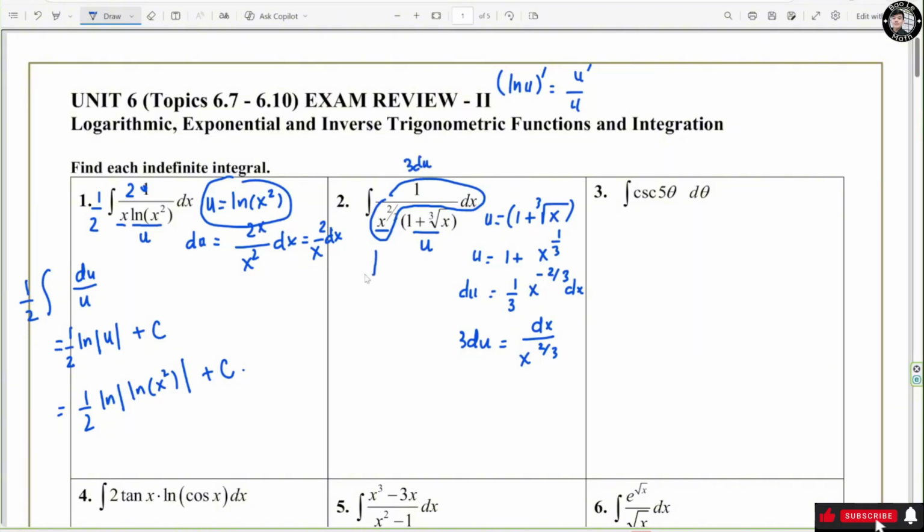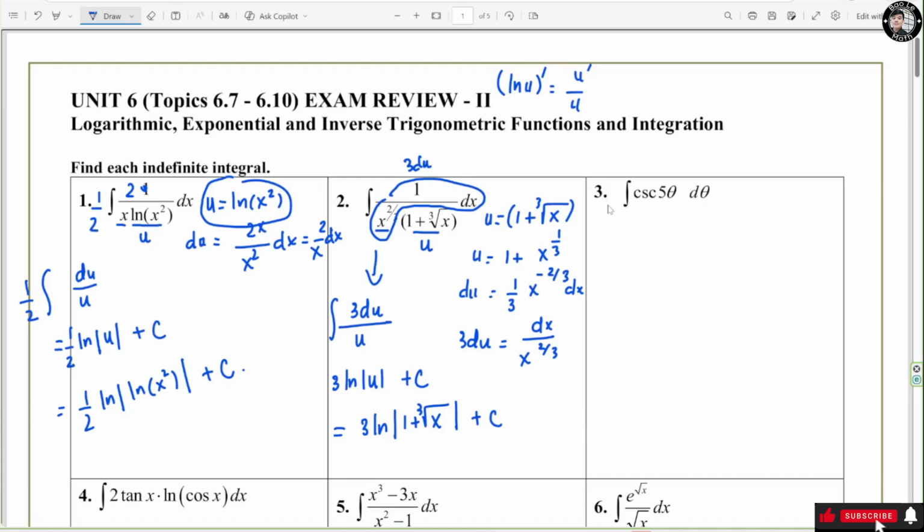So this turns out to be the antiderivative of 3 du over u, right? So it can be 3 ln absolute value of u plus c, and it's going to be 3 ln of absolute value of 1 plus cube root of s plus c, right?